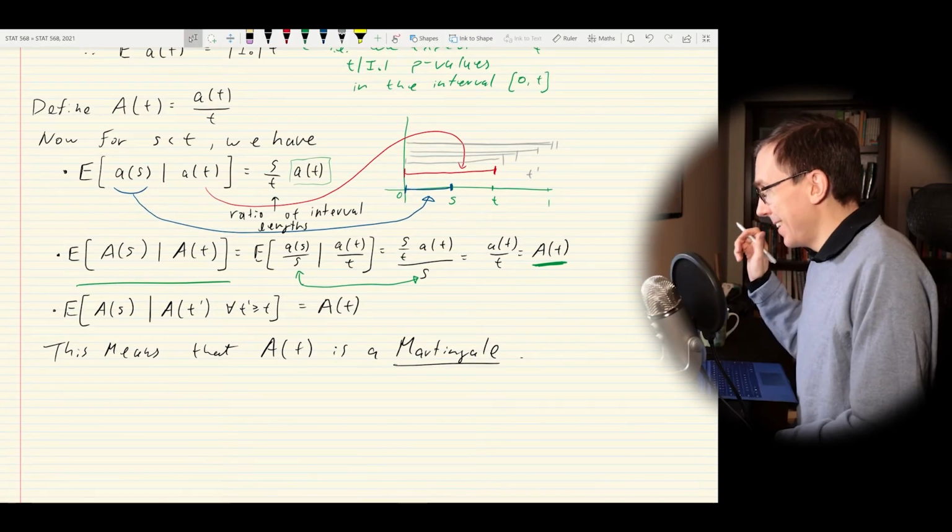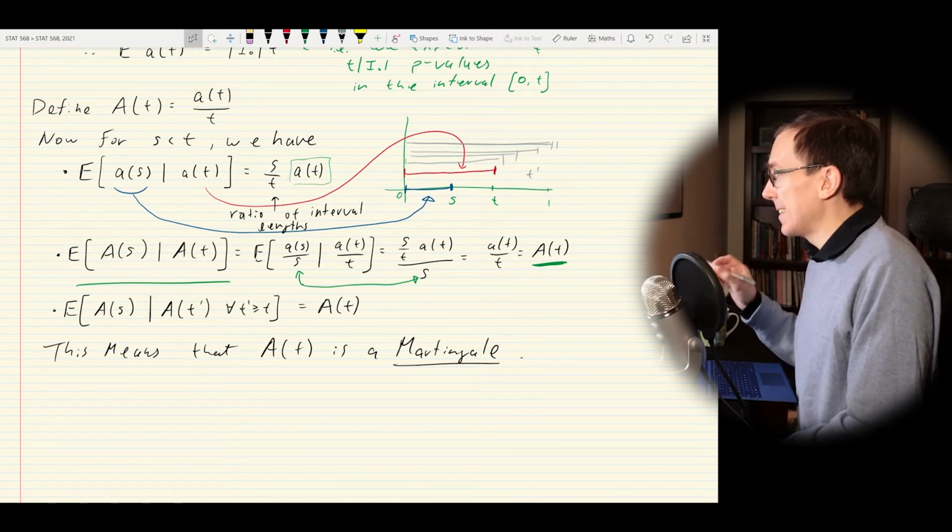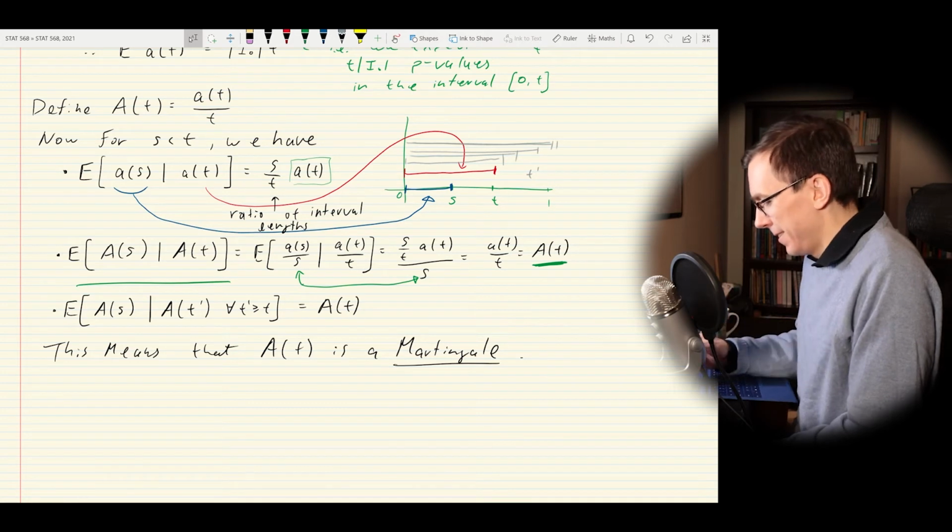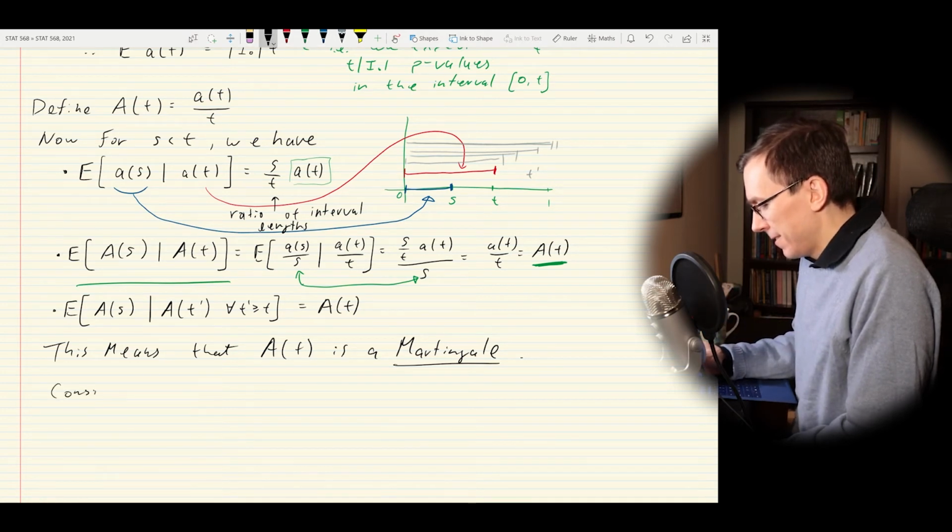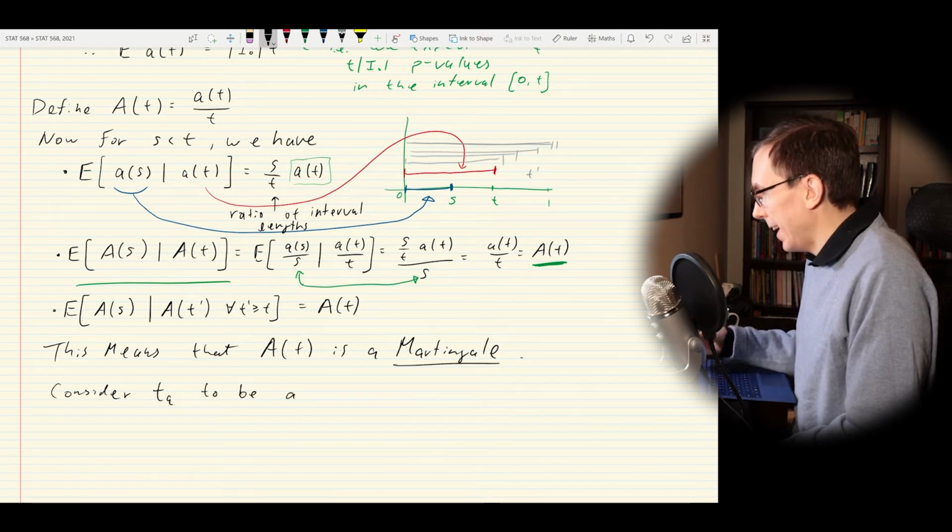So let's do that. All right, so we're back, and now we can finish this proof. Now that we know that AT is a martingale, we can consider TQ to be a stopping time.